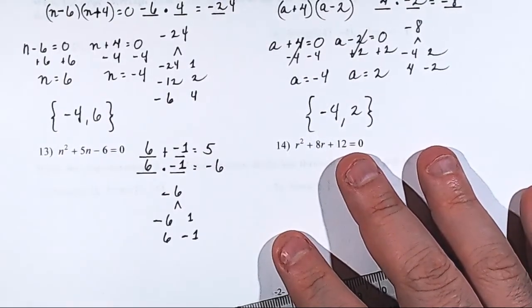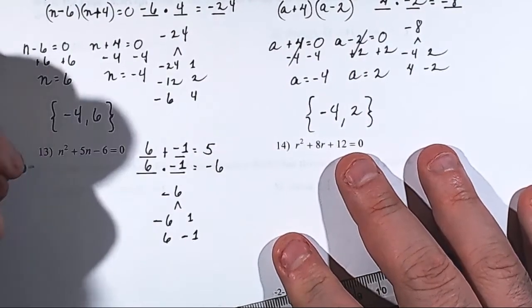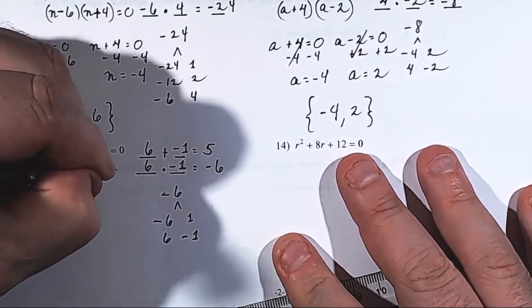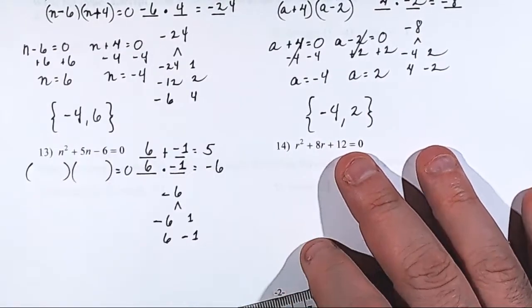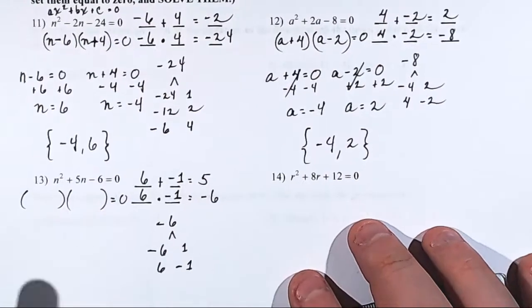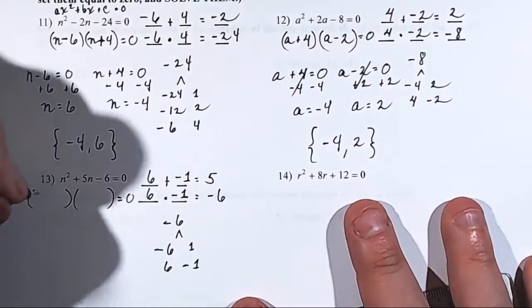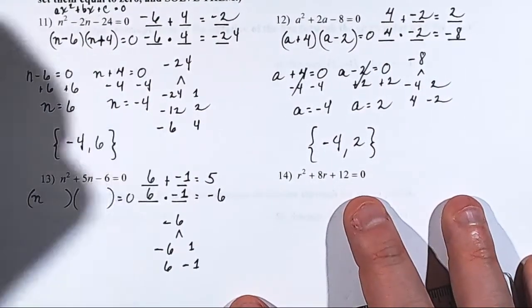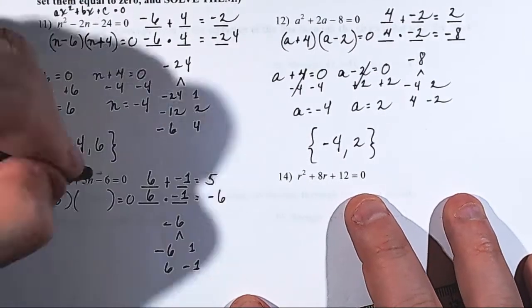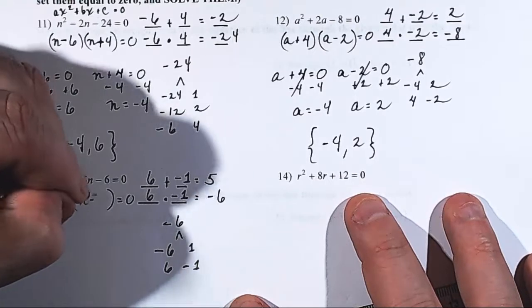Okay, take your standard form quadratic equation and rewrite it in a factored form quadratic equation. I think I dropped the equals 0 up here just to be correct. Okay, and here we're going to use n plus 6, and then n minus 1.